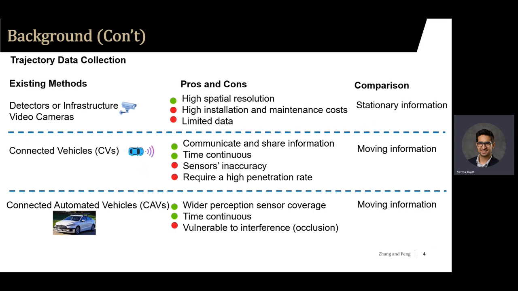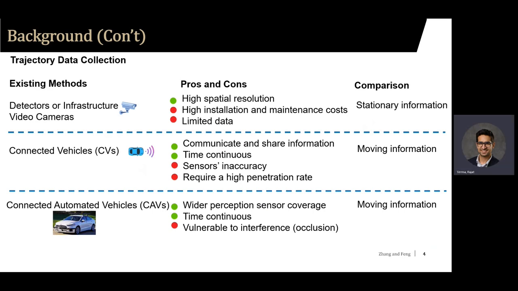So with the development of the connected and autonomous vehicle, they could provide us a larger and wider perception sensor coverage, and also our collected data are time continuous data, but it is vulnerable to interference due to the occlusion problem.